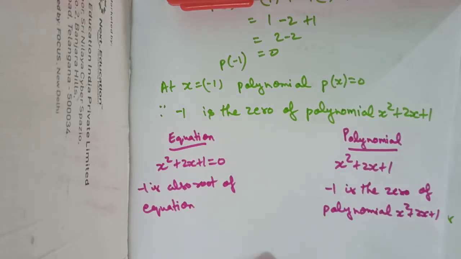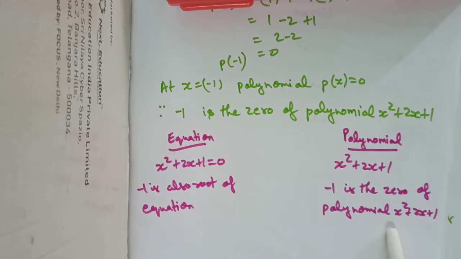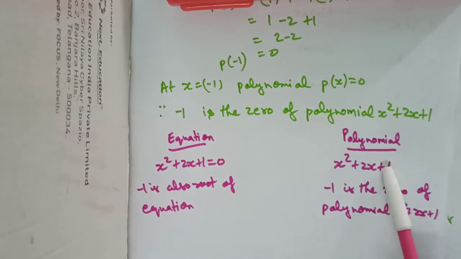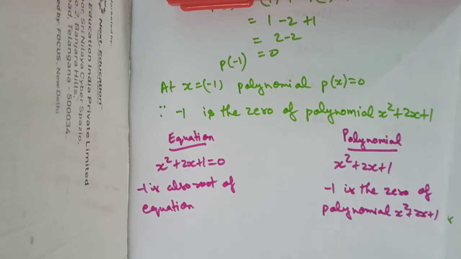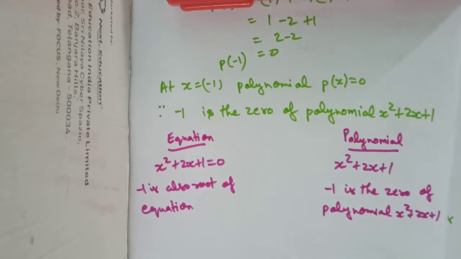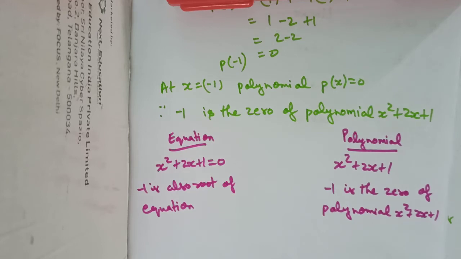This can be said because x square plus 2x plus 1 is a polynomial, and x square plus 2x plus 1 equals 0 is the corresponding polynomial equation. So the 0 of this polynomial is minus 1 and the root of this polynomial equation is also minus 1. So this can be concluded, but both are different things. I hope this concept is clear.